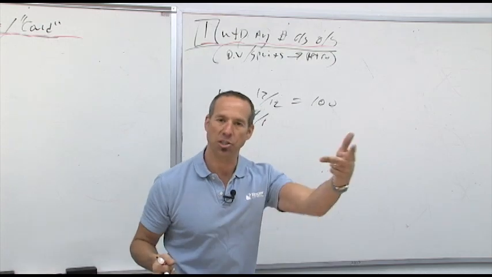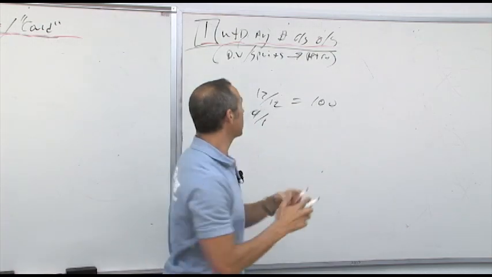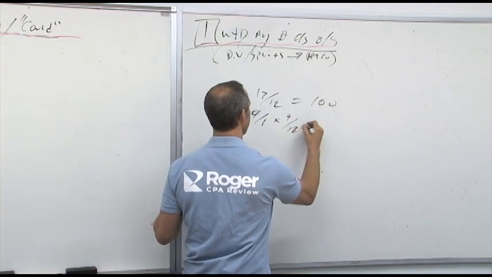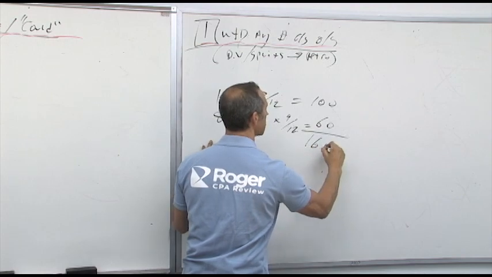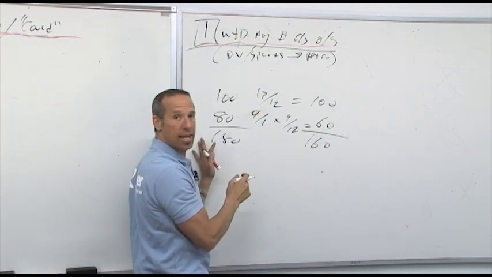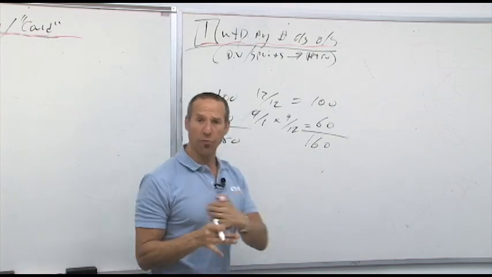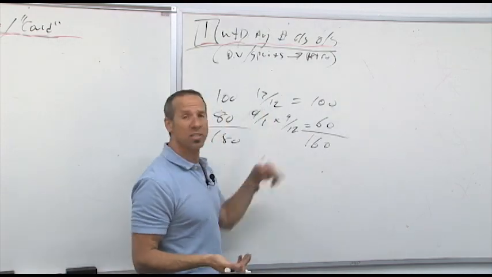January, February, March. That's 3 months they were not outstanding, so they are outstanding for 9/12ths of the year. So 9/12ths of the year, 80 at 3/4 is 60. So that means I've got 160 shares outstanding. Now, I really have 180 shares outstanding, but on average, I had 100 for the whole year, and I had 80 for 3/4 of the year, which is 60.